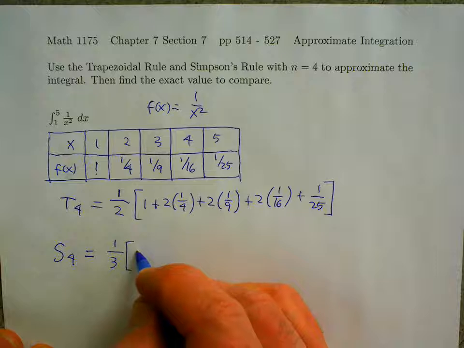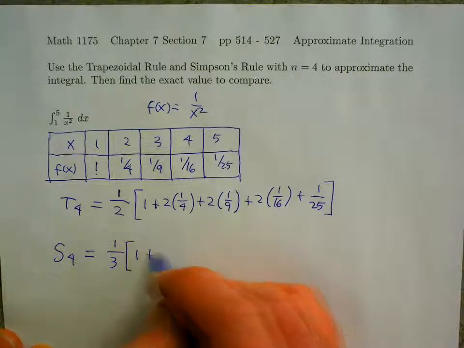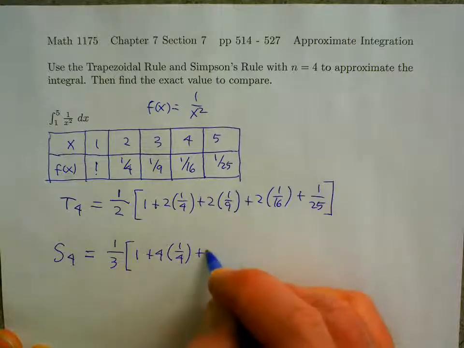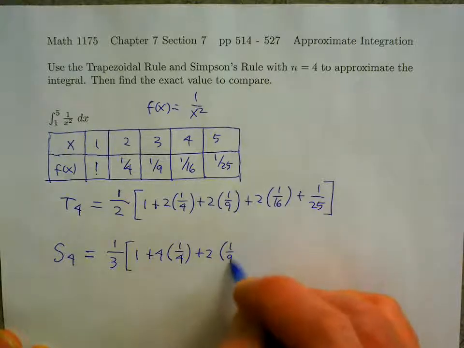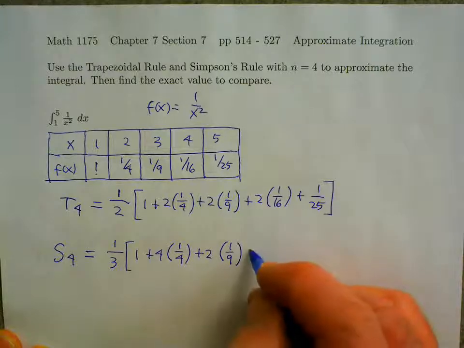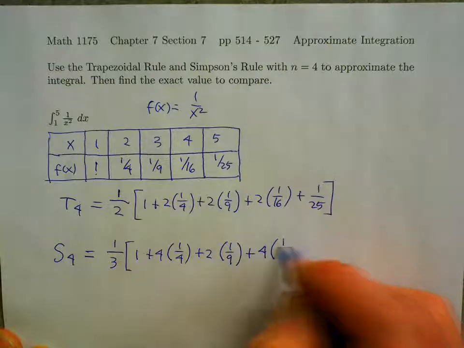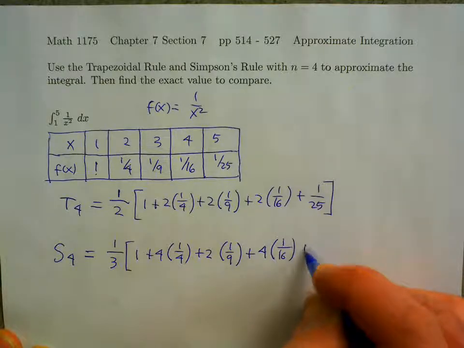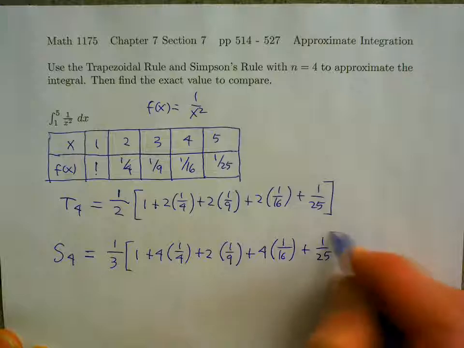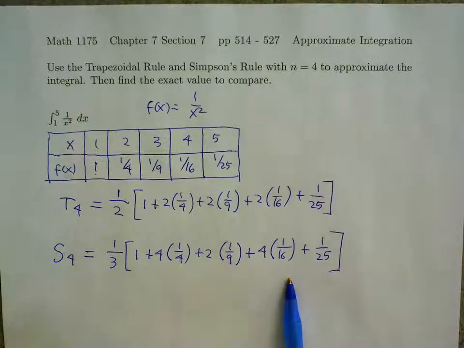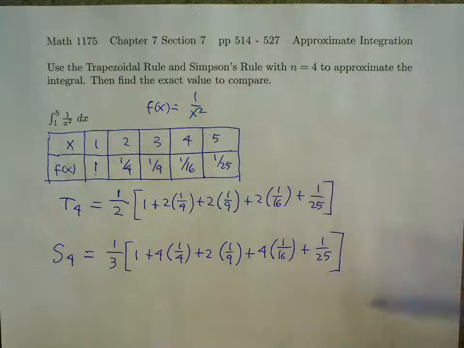And then the first output, plus 4 times the second output, plus 2 times the third output, plus 4 times the second to the last output, and then just plus the last output. So this is Simpson's rule for n equals 4. So go ahead and compute those numbers and you can compare them.